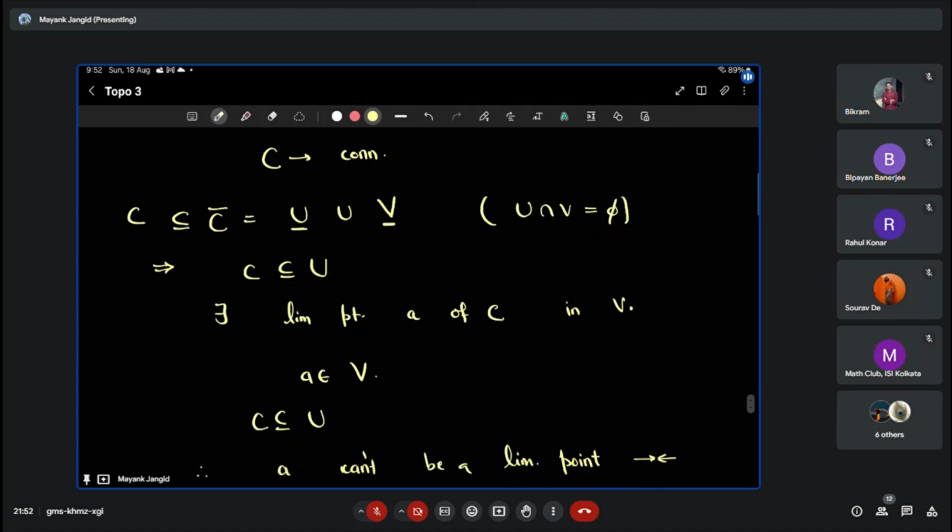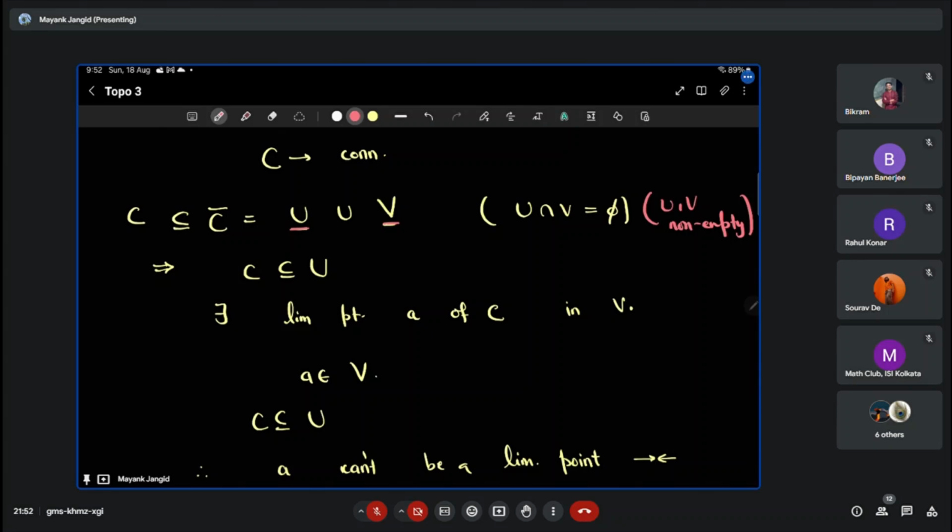So whatever the hypothesis was, C is connected, and we wanted to show that the closure of C is also connected. So we said that, let's say it is not. So there exist open sets U and V, both non-empty and disjoint, such that the closure of C is the union of these two.